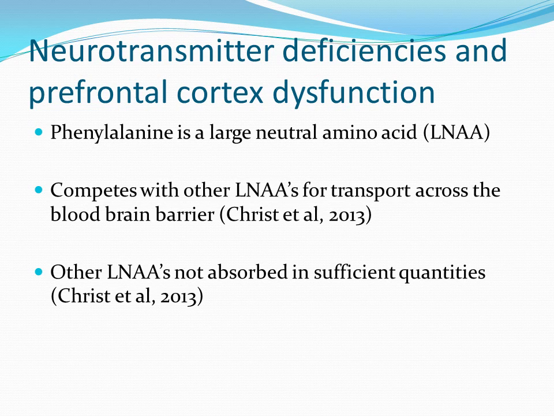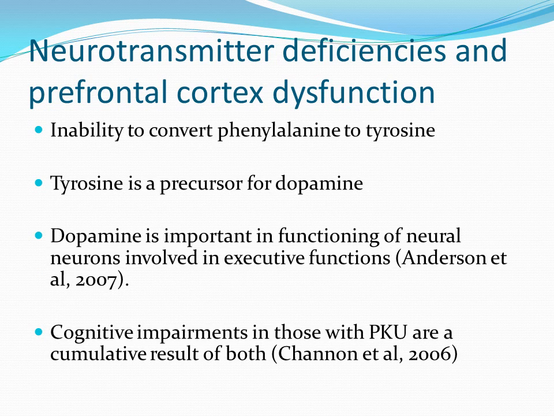Of course, when there's a high phenylalanine level, it's going to provide a lot of competition and prevent other large neutral amino acids from being taken up and crossing the blood-brain barrier. If these LNAAs aren't absorbed in sufficient quantities, they're not going to be able to cross the blood-brain barrier and be used by the brain.